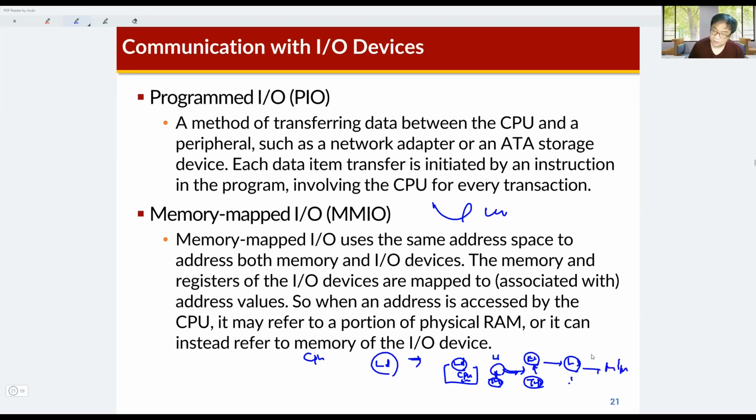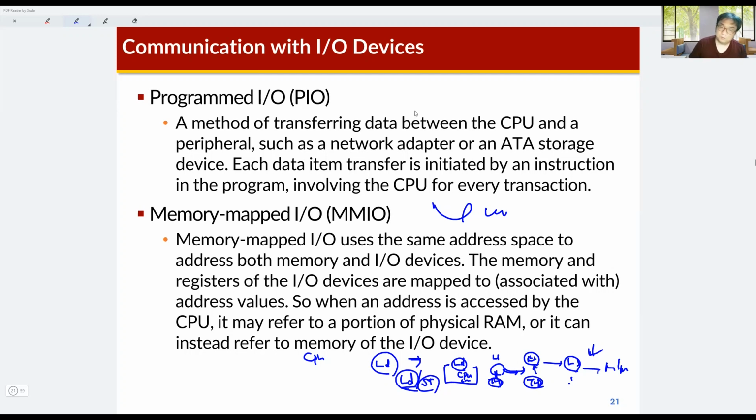So these memory operations are automatically done by hardware. We can just execute the load or store instruction, because the overall operation is controlled by hardware. So this is simpler than programmed I/O.